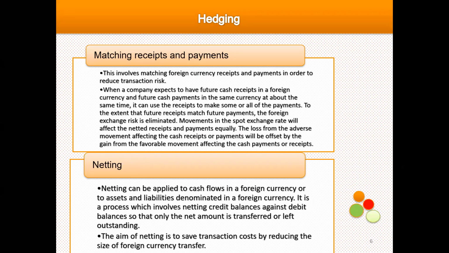So what is matching receipts and payments? This involves basically matching foreign currency receipts and payments in order to reduce transaction risk. So what do we mean? Let me read what I have on the slide first before I give you my explanation. When a company expects to have future cash receipts in a foreign currency and future cash payments in the same currency at about the same time, it can use the receipts to make some or all of the payments, right?